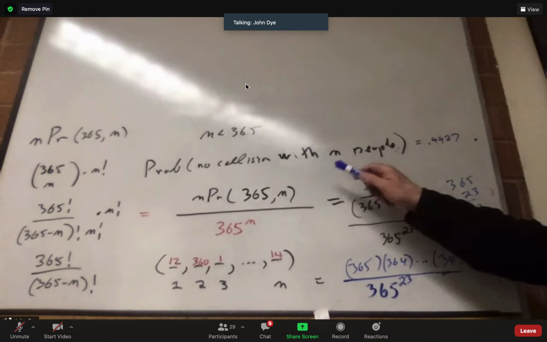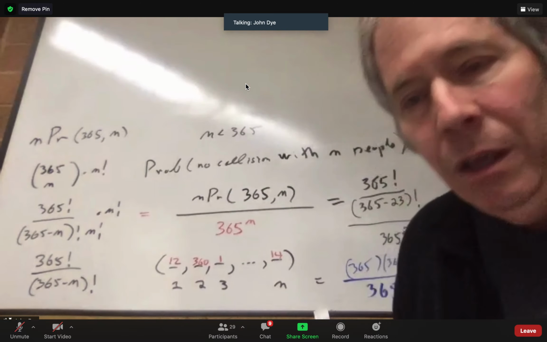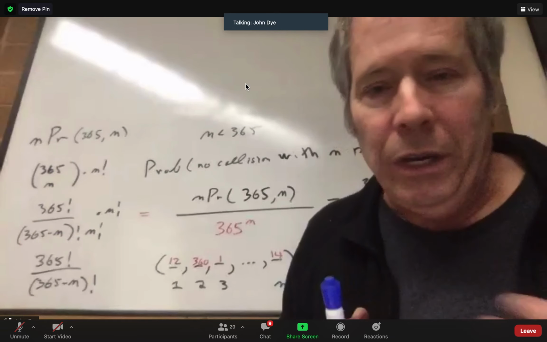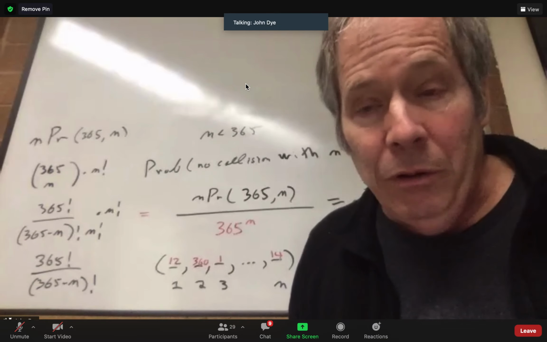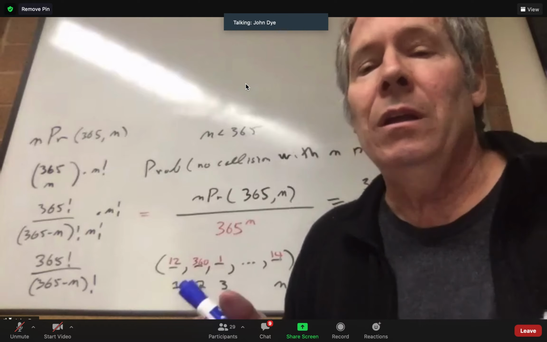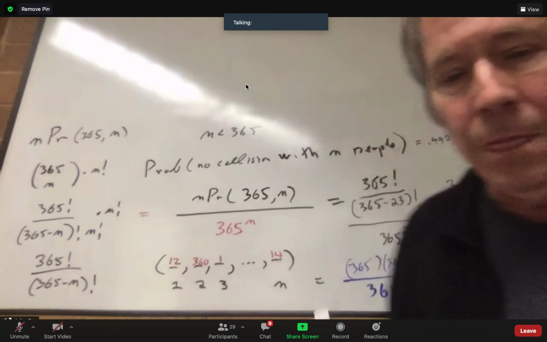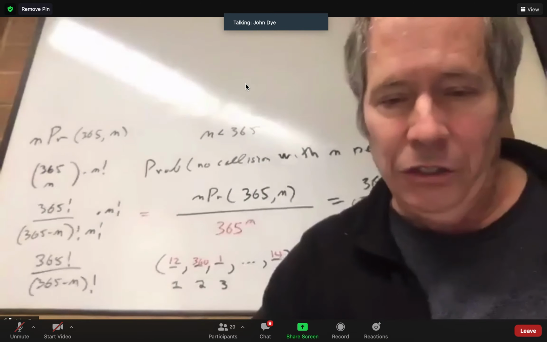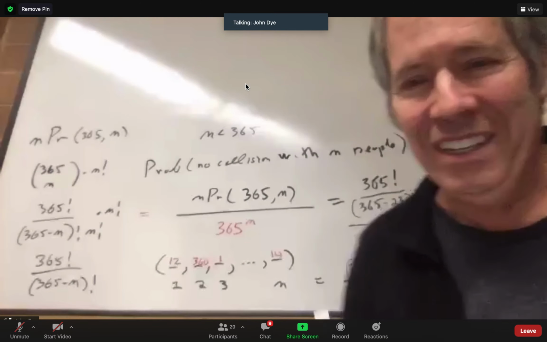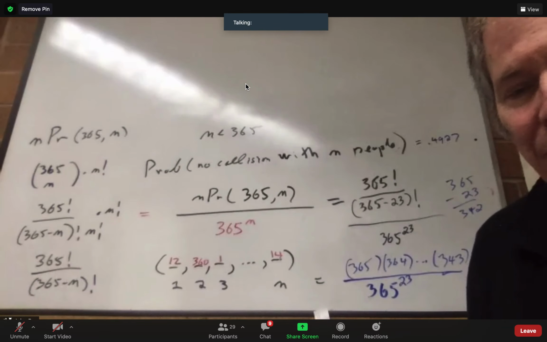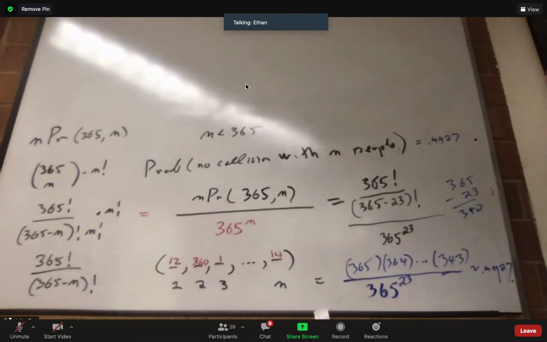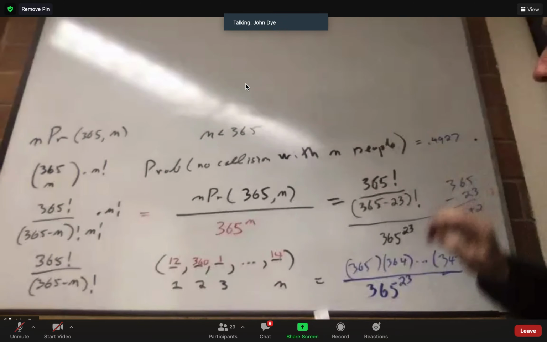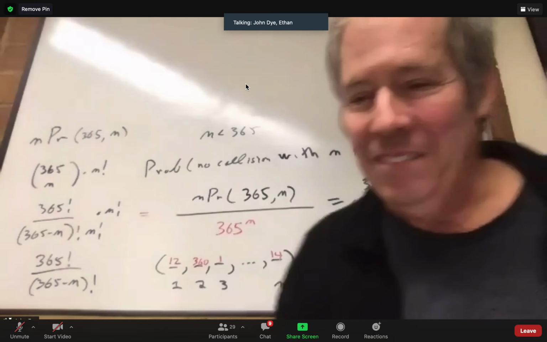So the probability of no collision is less than 50%. Therefore, the probability of at least two people with the same birthday is what? What's the lingo? I've got to teach you the speech patterns of probability from Ross's book. For this case, where it's 0.49? Unlikely? Well, no. It's still likely, I would say.